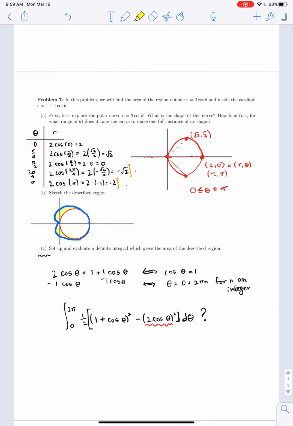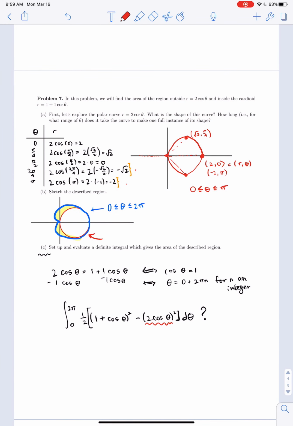But again, we have to be super careful because this cardioid actually requires theta to range between 0 and 2 pi to complete its entire rotation, whereas the red curve ends its rotation at pi. So how are we supposed to set up an integral that doesn't retrace our area from 0 to pi?